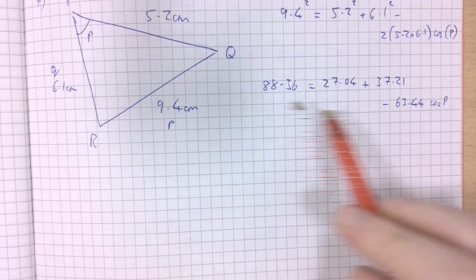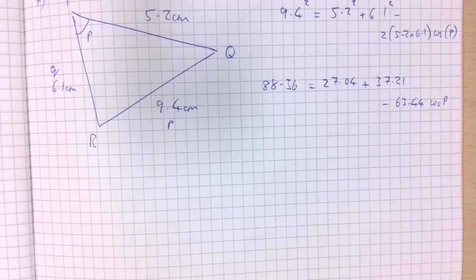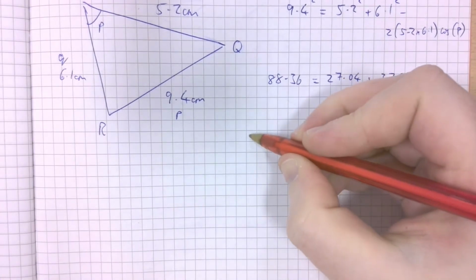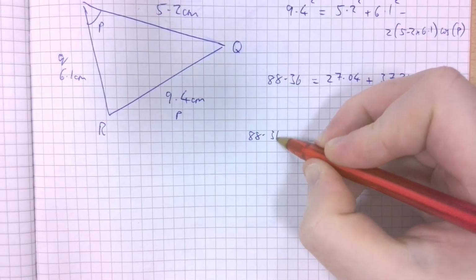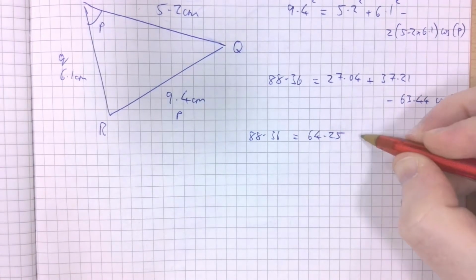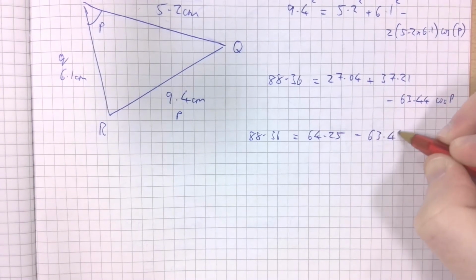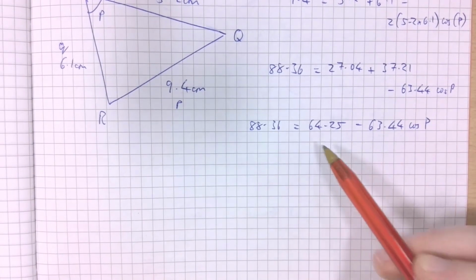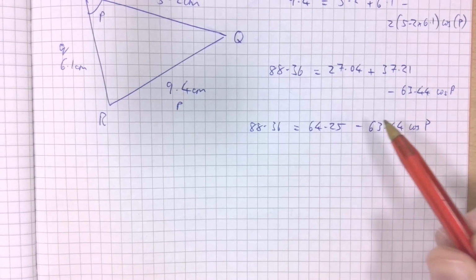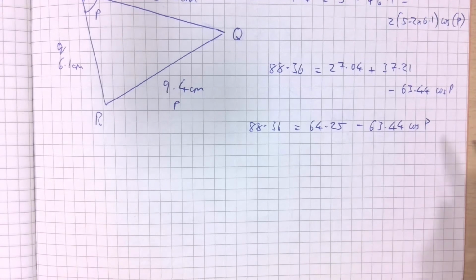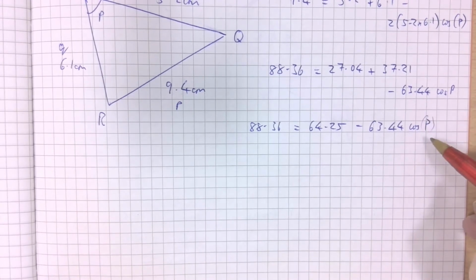Okay, let's try simplifying this up a bit. 27.04 plus 37.21, that's 64.25. So at this point, having done a little bit of the squaring and adding some numbers together, I have 88.36 equals 64.25 minus 63.44 cos P. Let's get P on its own then. Let's try isolating that.